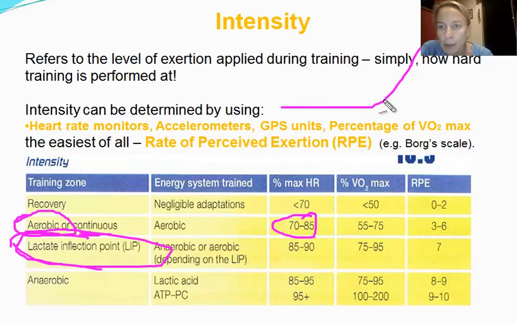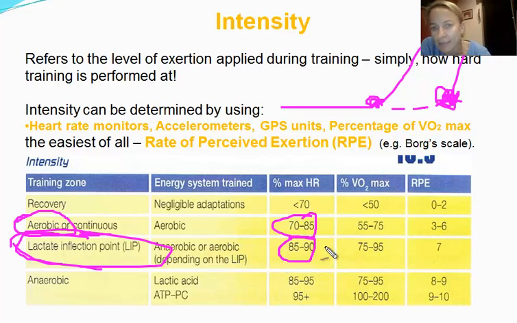Remember the lactate inflection point, where it goes up like that? The point beyond which lactate accumulation exceeds the removal. If you want to improve that, if you want to delay the point at which that lactate inflection point occurs, so you can go harder for longer, you can work aerobically at a faster intensity before you hit that point where you start fatiguing, the intensity, how hard you work, needs to be about 85 to 87% of heart rate max.